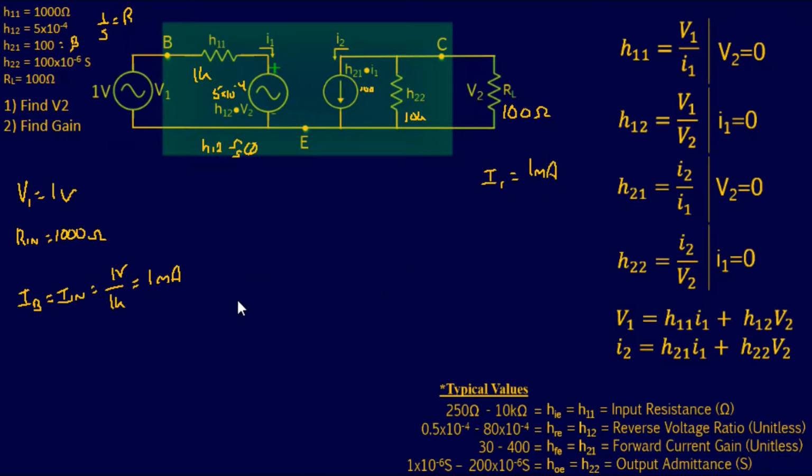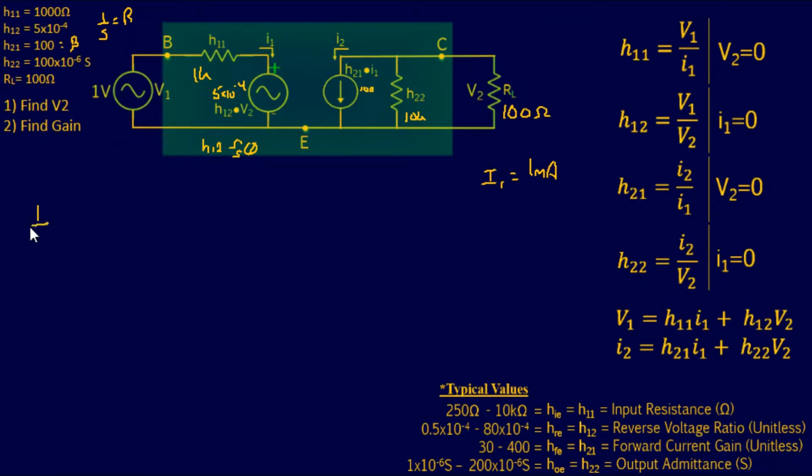Well, let me clean this up. By finding that 1 milliamp, I can find I2, because I2 equals our beta, or actual current gain, times I1. I know my current gain is 100. That's beta right there.